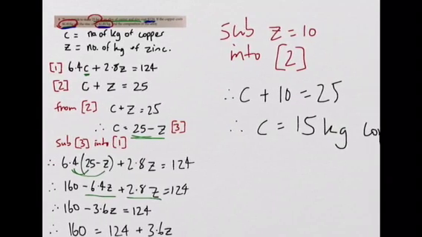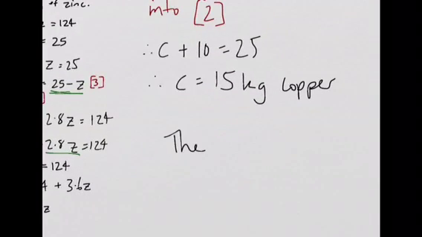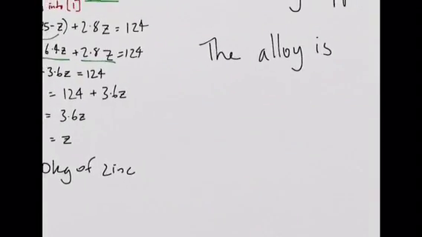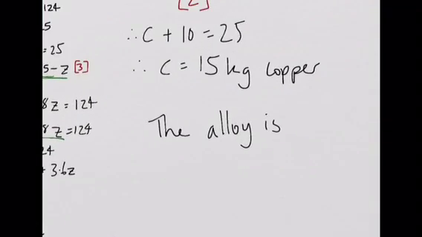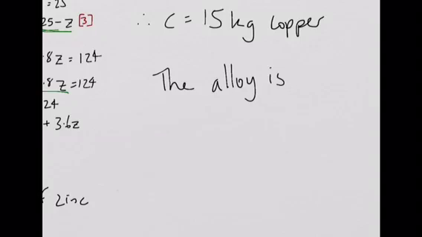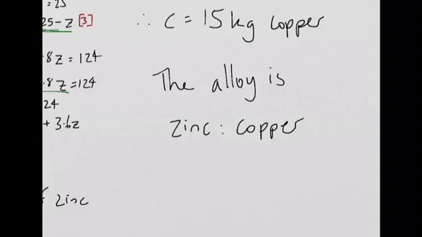You could say the alloy is made up of 10 kilos of zinc and 15 kilos of copper, or you could write it as a ratio, zinc to copper, 10 to 15.